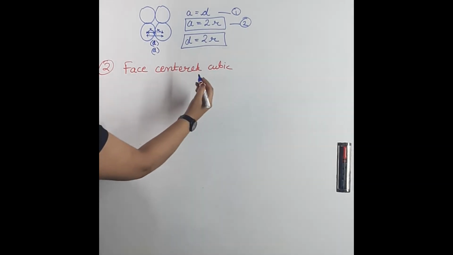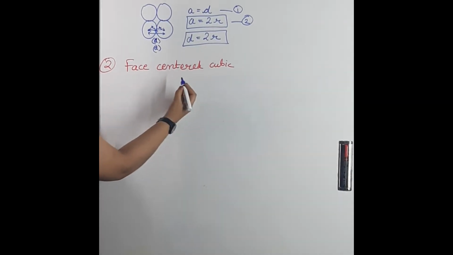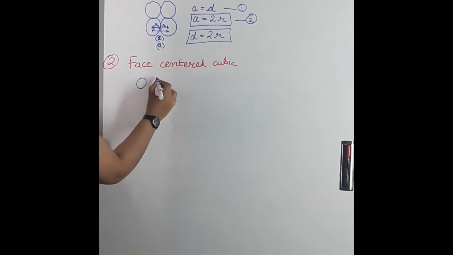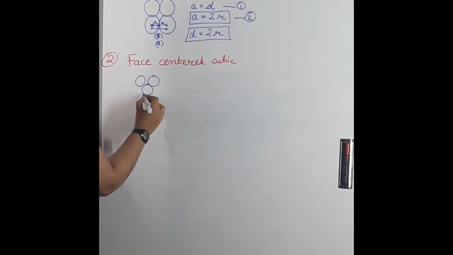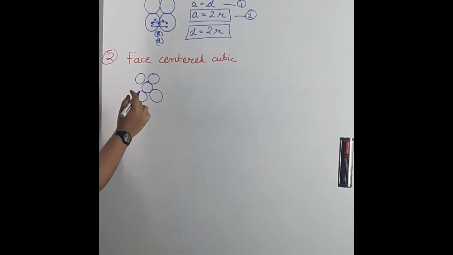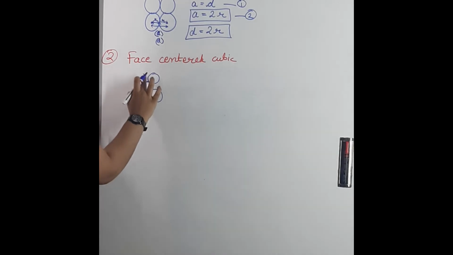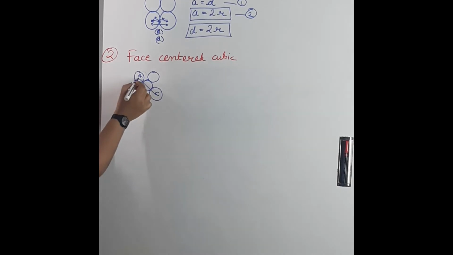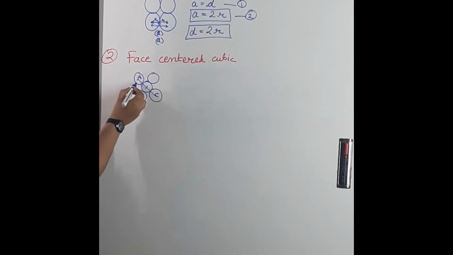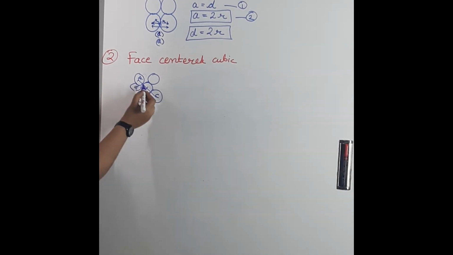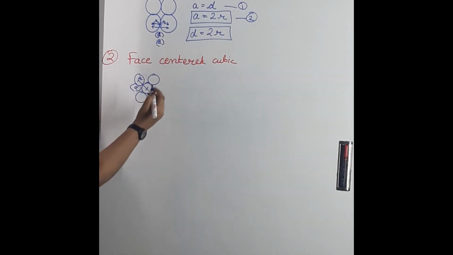Now the face centered cubic system. As the name indicates, in this system the constituent particles are present at the corners as well as at the center of each face. So here, if this is the line segment AC, then the value of D is from here to here, as D is the nearest neighbor distance.